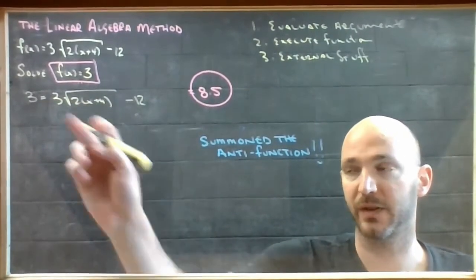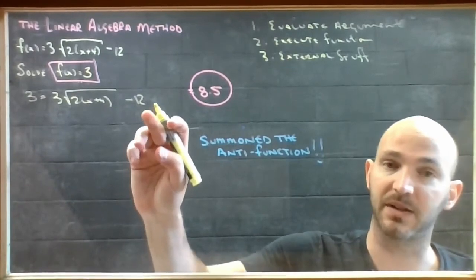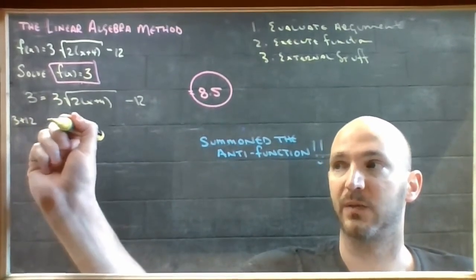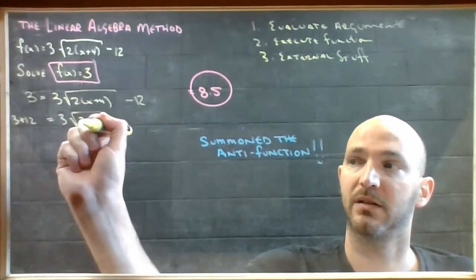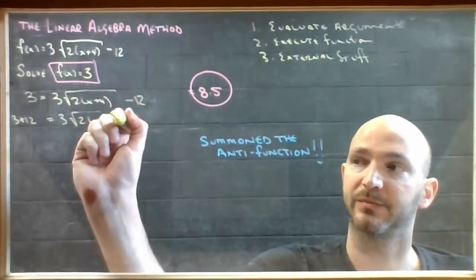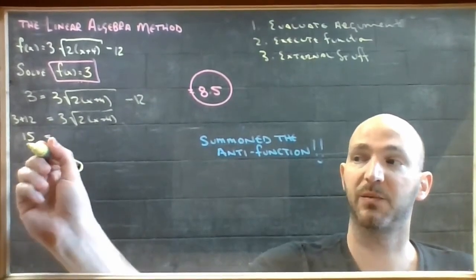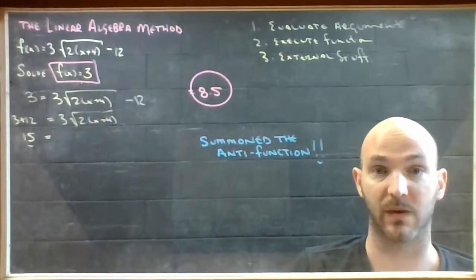You pull this over to the other side. If it's a negative on this side, it's adding on that side. So 3 plus 12 equals 2x plus 4. 3 and 12 is 15. That's a familiar number. That crept up in the way I had it done before.